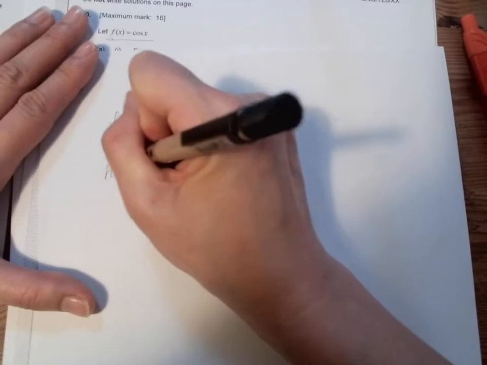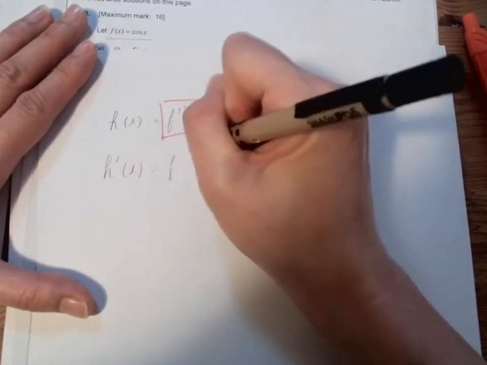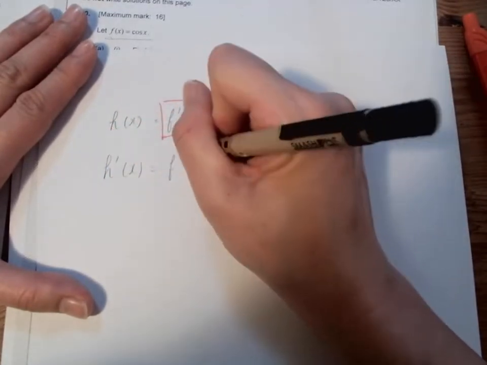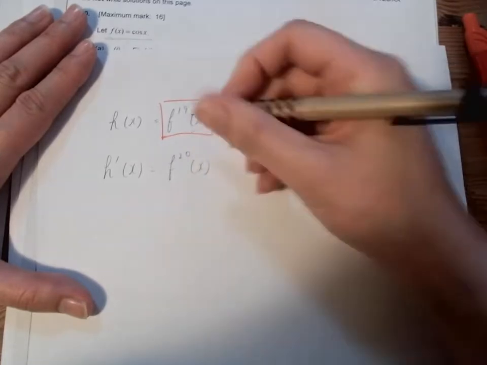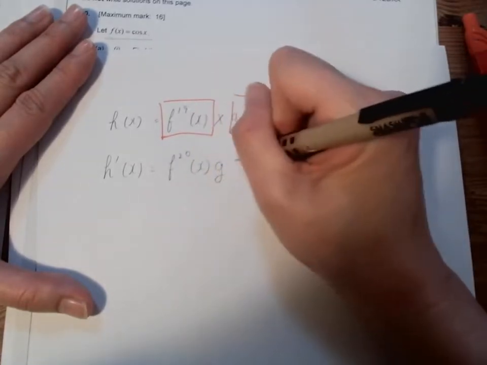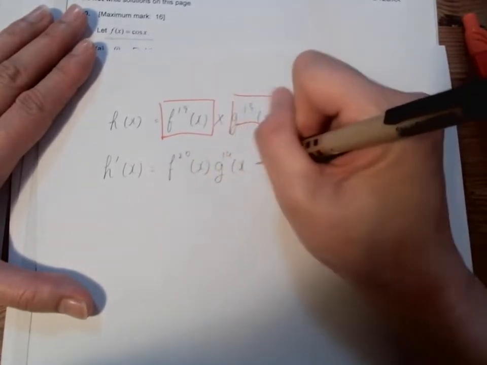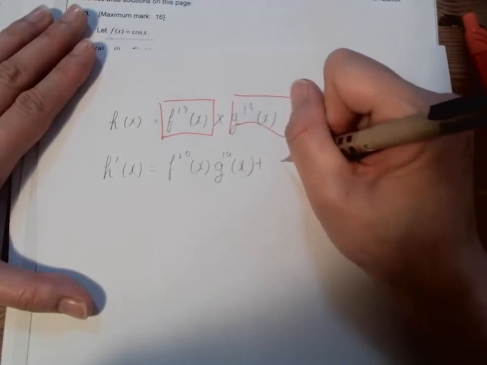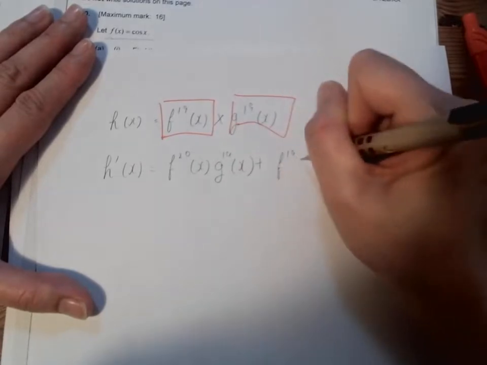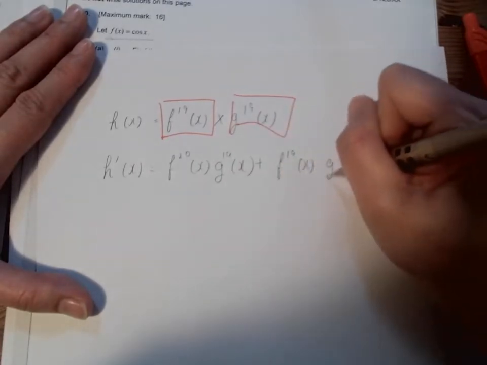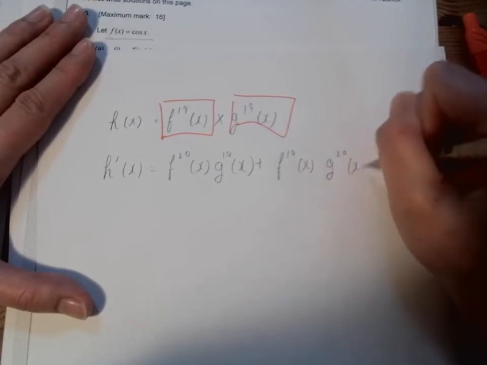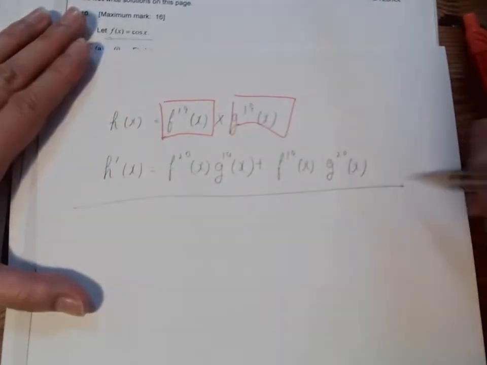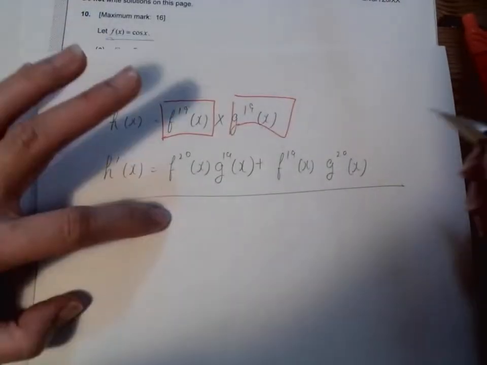So h'(x) will be equal to f, differentiate the first bit, f^(20)(x) times g^(19)(x) plus f^(19)(x) times g^(20)(x).